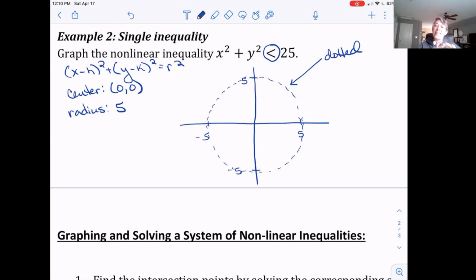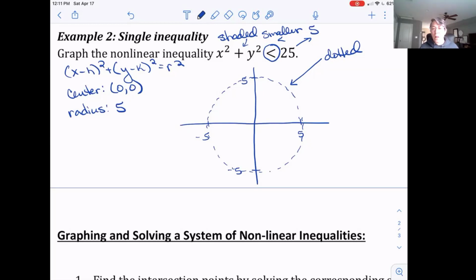But on the left-hand side, that represents the circle. The right-hand side is just the radius. So it's saying that the shaded area should be smaller than a radius of 5. So where is the circle smaller than a radius of 5? It's on the inside.